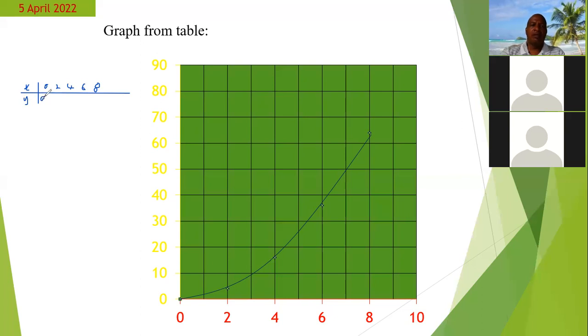The corresponding Y values we had were 0, 4, 16, the next one would be 36, the next one would be 64.